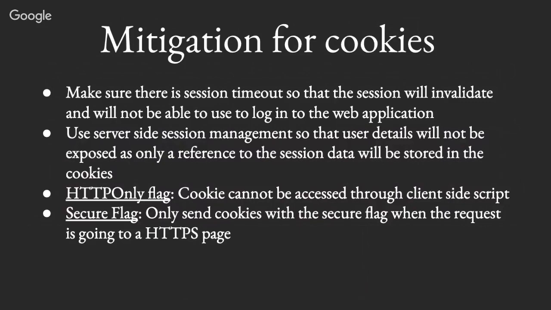So the secure flag means that you will send the cookies only when you're going to an HTTPS page, a secure page. Then the cookie will be sent. Yeah. So these are the two flags that are most important and how developers mitigate this cookie problem.